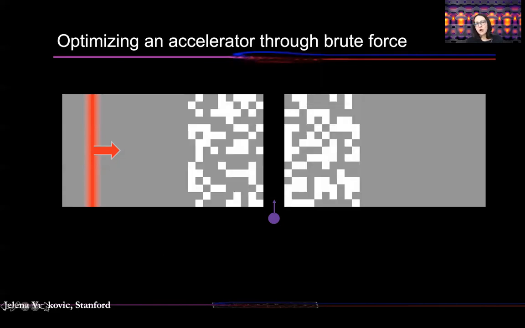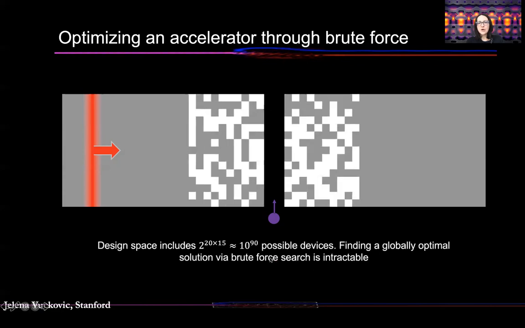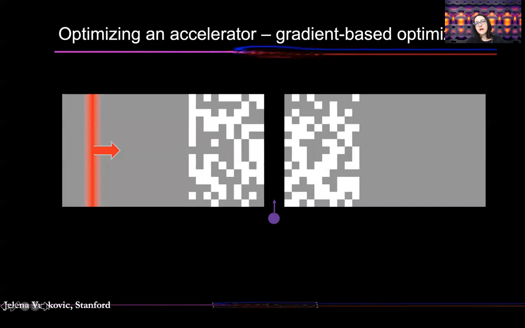If you try all the combinations of pixels being silicon and air, it turns out that you have 10 to the power of 90 possible devices, and you would have to simulate all of them and see which one provides maximum gradient and maximum acceleration. So finding the optimal solution via this brute force search is not a tractable problem, and that's not how you should design the structures.